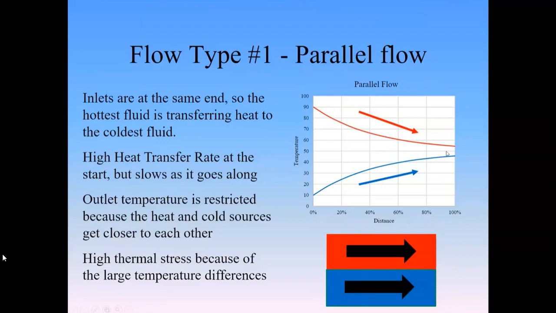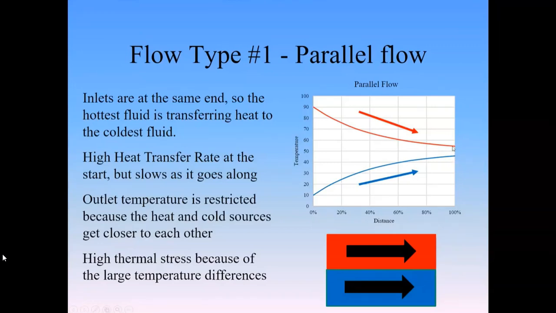One thing that we can't do with a parallel flow that we'll see in a counterflow is we're limited by the temperatures that can leave that heat exchanger. We can never get colder than the lowest cold temperature.